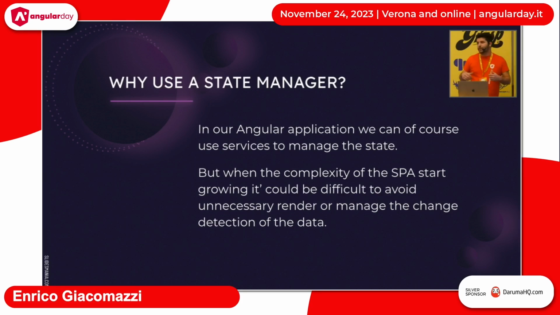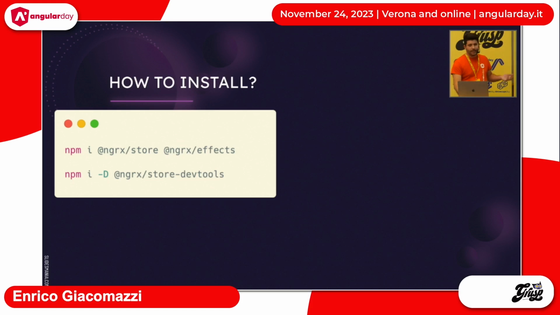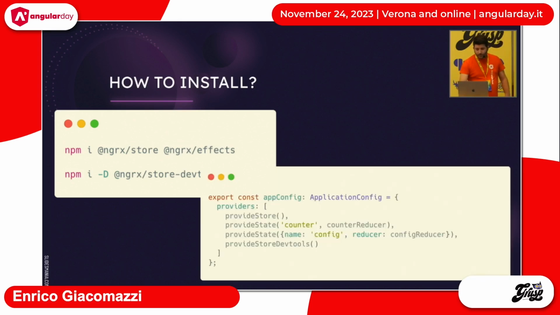But when the complexity of our application starts growing, it's very difficult to keep our application maintainable, with good performance and without unnecessary renders. So, in this case, NGRX helps us to do all of this. How to install? With npm, or if you want, there are the schematics inside Angular.